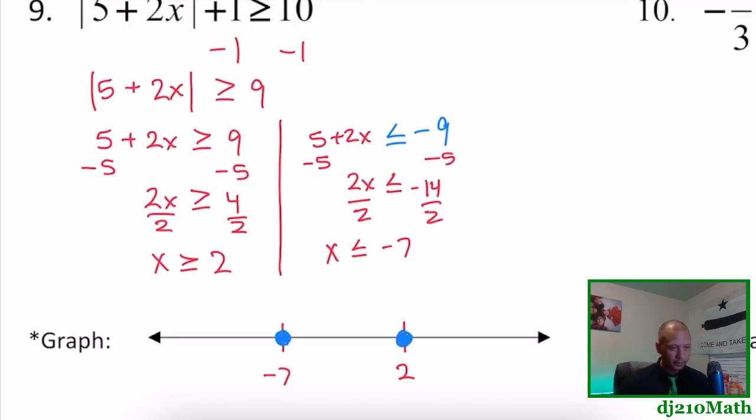Doesn't matter which one we look at first. Let's do x is greater than or equal to 2. So x has to be greater than 2. Greater than is to the right. x is less than or equal to negative 7. So less than is to the left of negative 7.